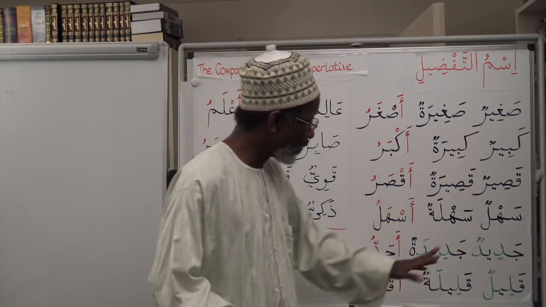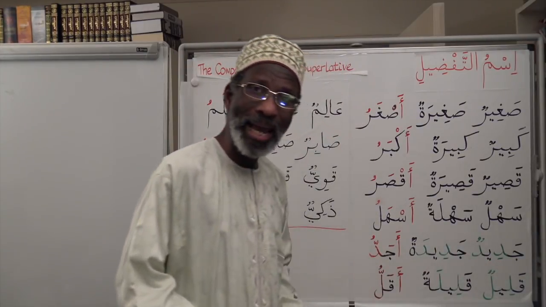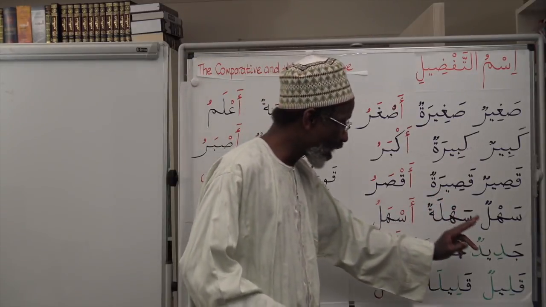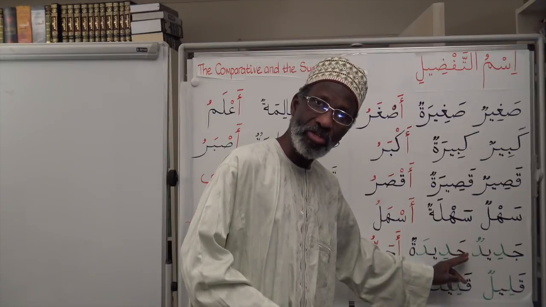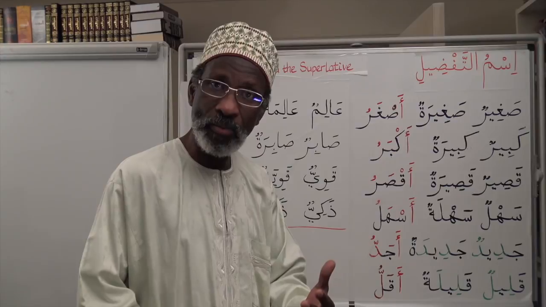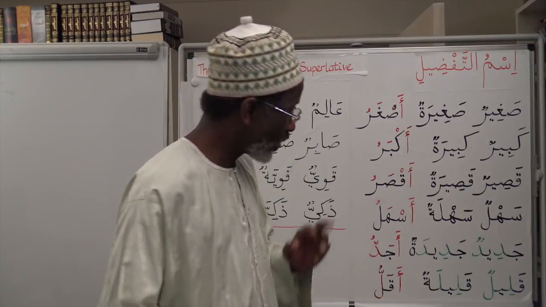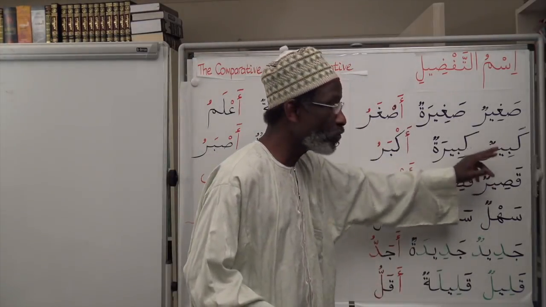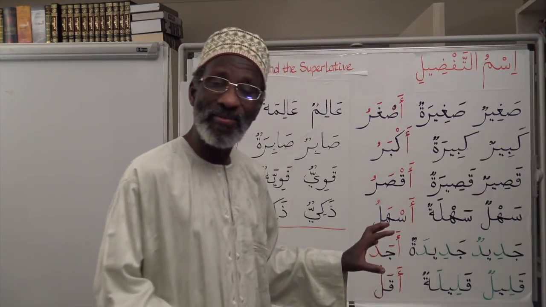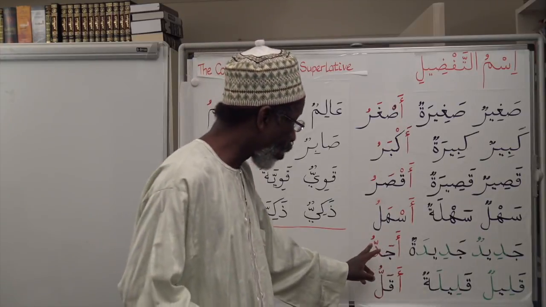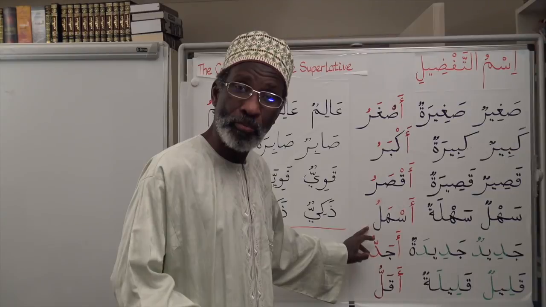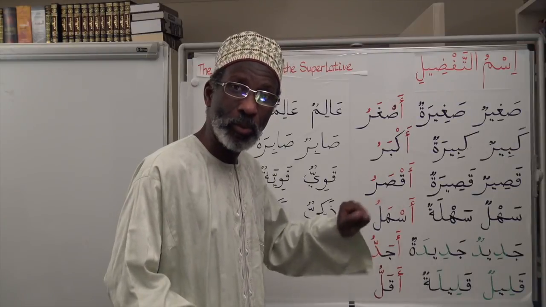You will note that I'm using green color here to alert you that when you have the second root and the third root of the original word being the same, we need to do something different. Initially, we do the same with the ya. We remove the ya, but you are left with the jim, dal, and dal. In the elative form, you combine the second and the third root, and you put shadda on it to indicate what is happening.